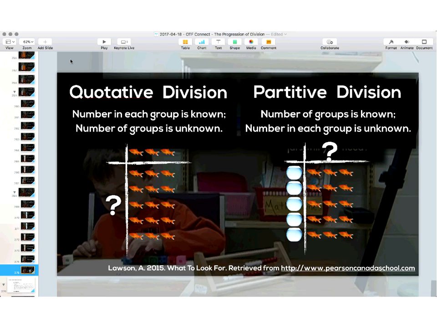But for me as the educator, I need to know that there's 2 to ensure that I'm asking both. Oftentimes as educators, we get stuck in these routines, and if I'm asking quotative division problems all the time or partitive division problems all the time, that really will hinder my ability to ensure my students are fully prepared and getting a well-rounded understanding of the content.